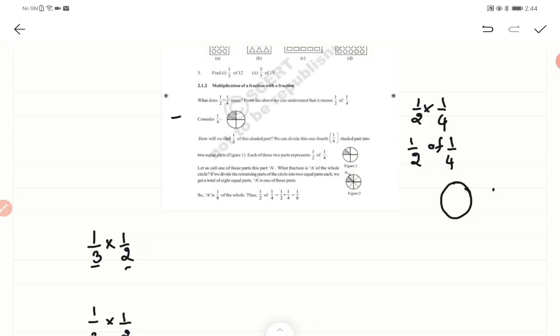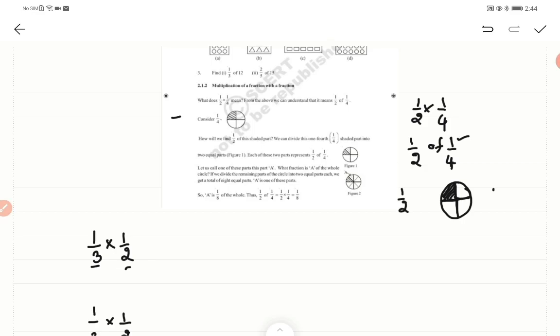First this circle should be divided into 4 parts. So I will divide it into 4 equal parts, and 1 by 4 we want. So you need only one region as a shaded part, isn't it? So one part is shaded. This is your 1 by 4.